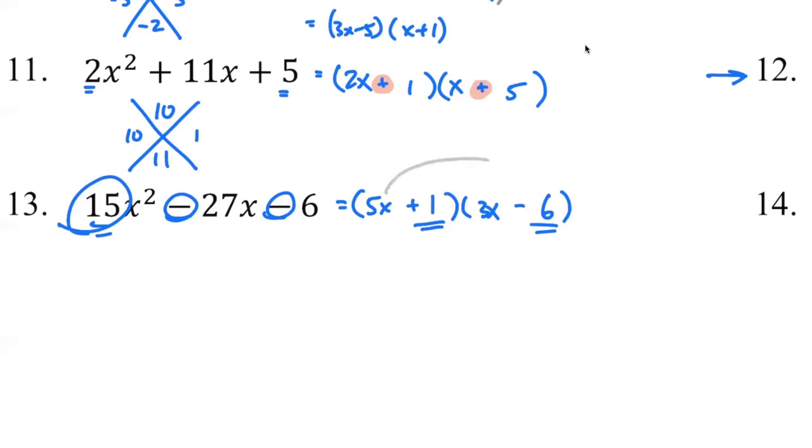How do you just know? Now, this is the mental math part. This is negative 30x, right? And that is positive 3x. And what is negative 30x plus 3x? Negative 27x.